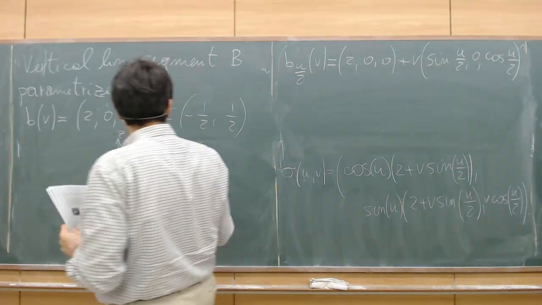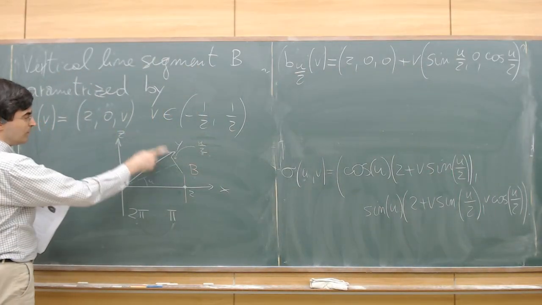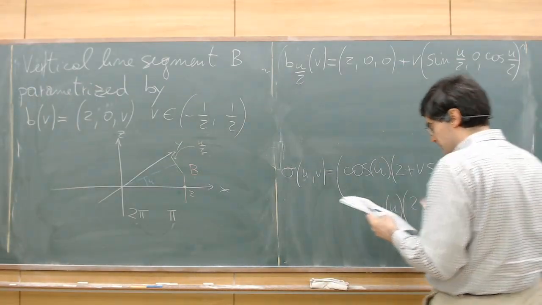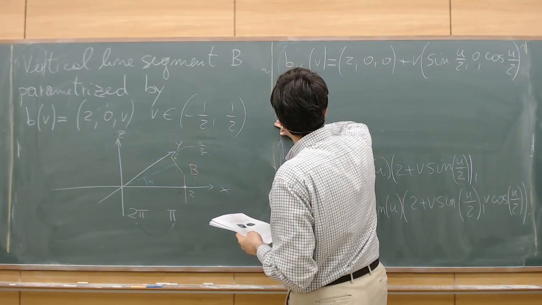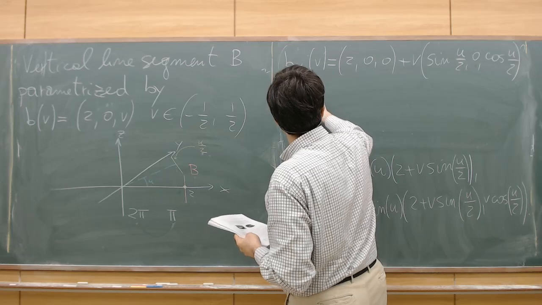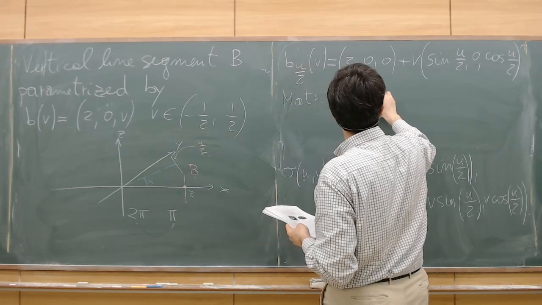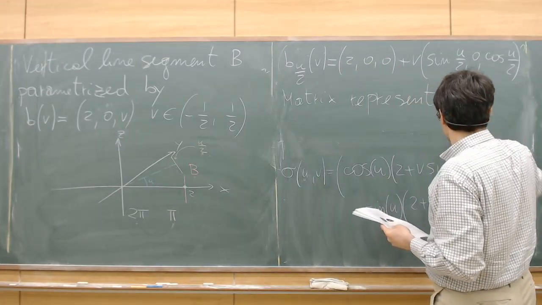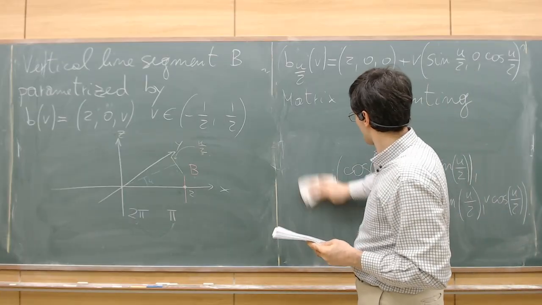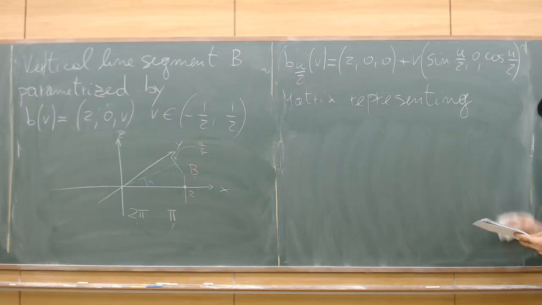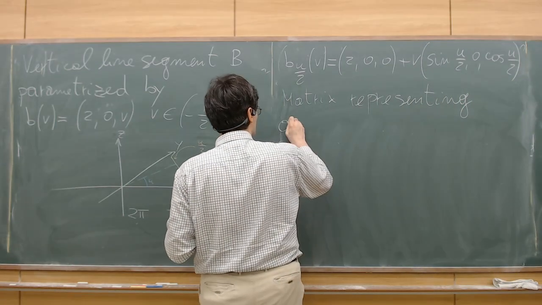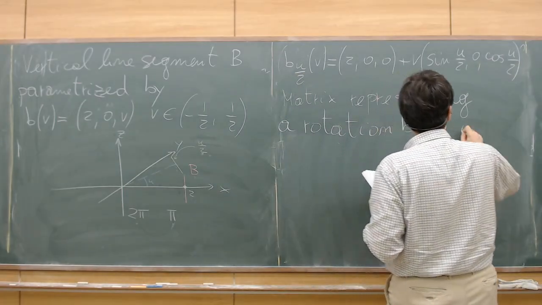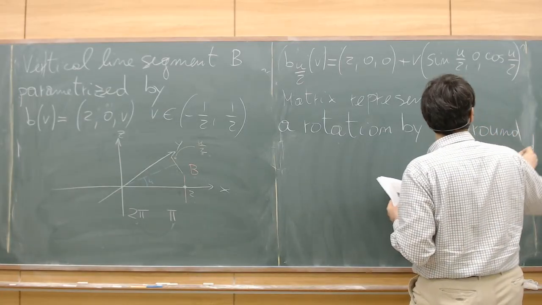Now we have to compose this rotation with a rotation around the z-axis. And you know what is a matrix representing a rotation by u around the z-axis?